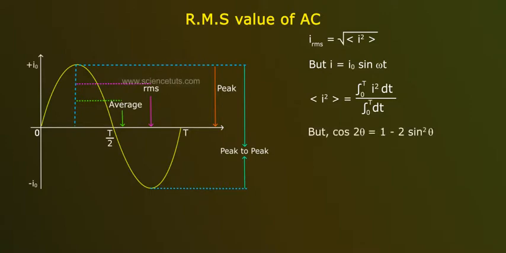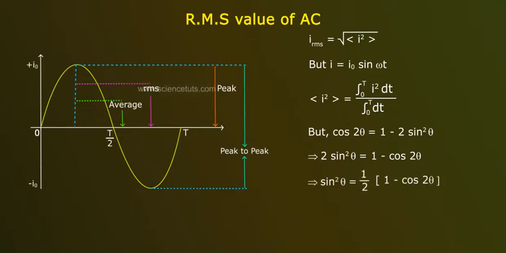But cos 2 theta equals 1 minus 2 sine squared theta, which gives 2 sine squared theta equals 1 minus cos 2 theta, so sine squared theta equals 1 by 2 into (1 minus cos 2 theta).